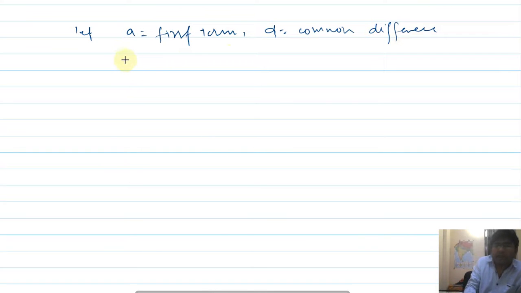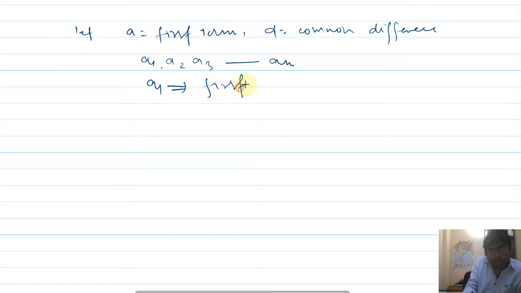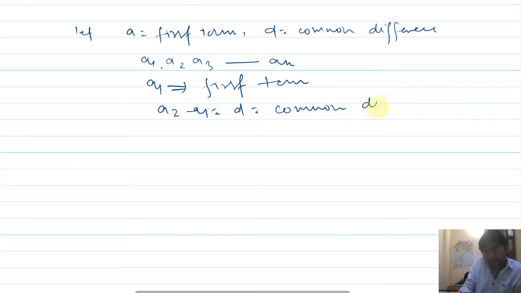If we have a sequence a1, a2, a3, then a1 is called the first term, and a2 minus a1 equal to d is called the common difference. In the same way you can write a3 minus a2, and you get the same number because of the arithmetic progression. So this is the common difference.